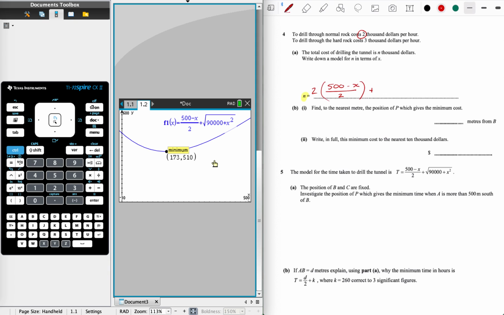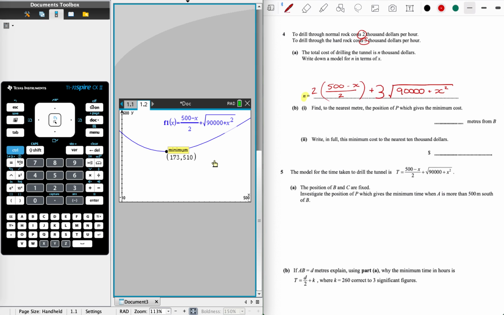Now if we add to that 3 from here for the cost of hard rock times the time, which is 9 with 4 zeros again, plus x squared. I'm just a little bit cautious about this because my 3 here might be construed as a cube root. I'm going to make sure I communicate accurately, and it's 3 times that.